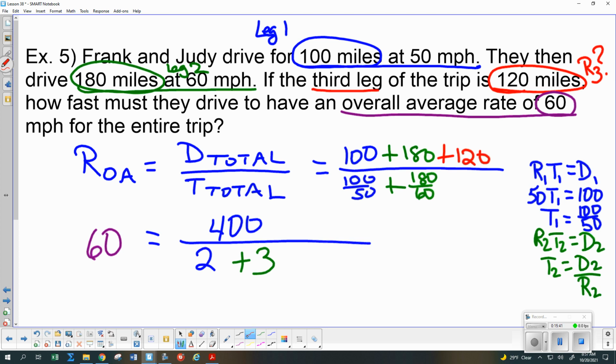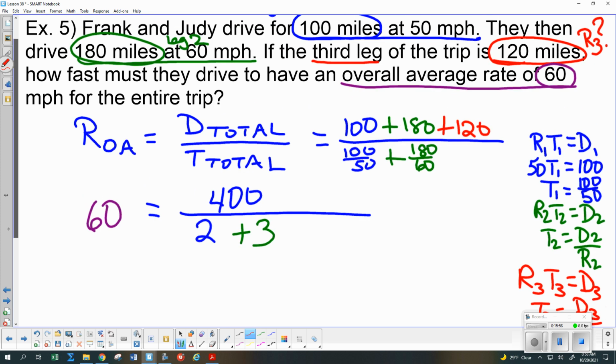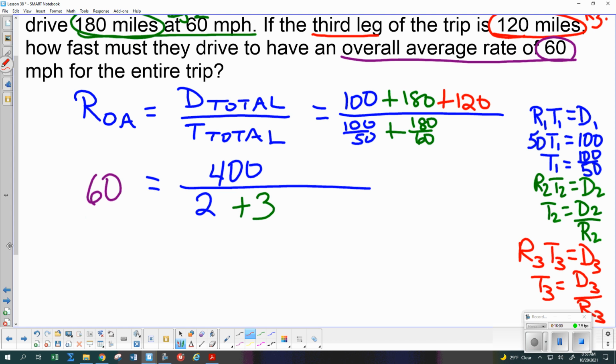For the third leg, except all that I know is the 120. I don't know that rate. So I could put 120 over R3 right here, or I could just leave it as T3 for right now. And your choice of which way you want to do that.